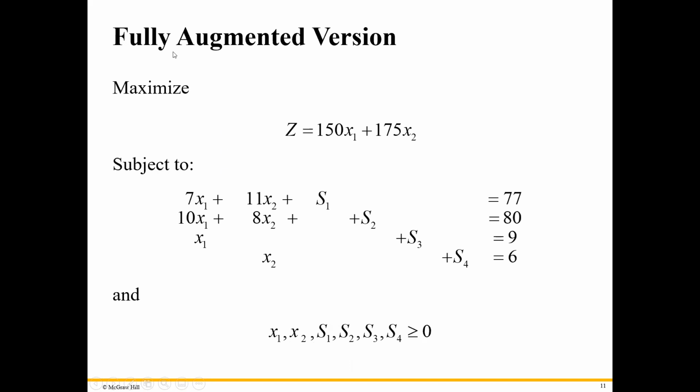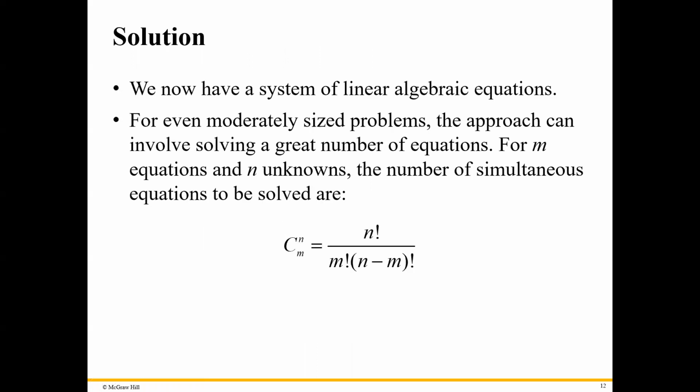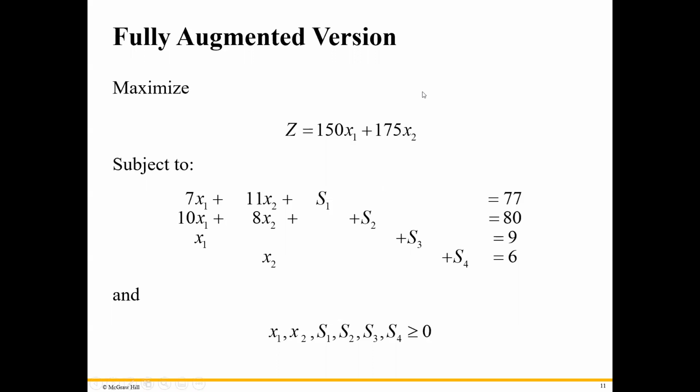In this case, we create a version of the linear programming problem which is called the fully augmented version. The simplex method solution looks similar to the solution of a system of linear equations.